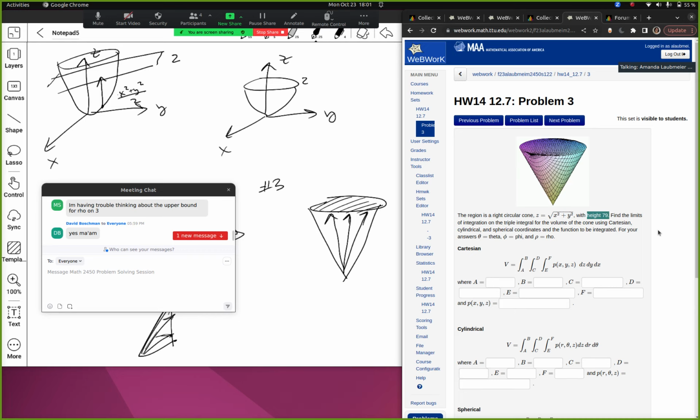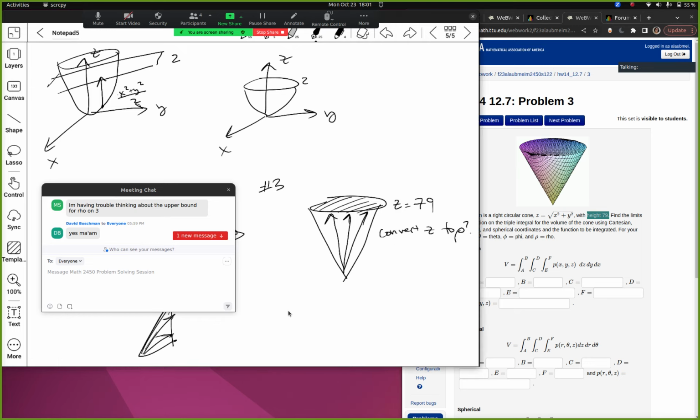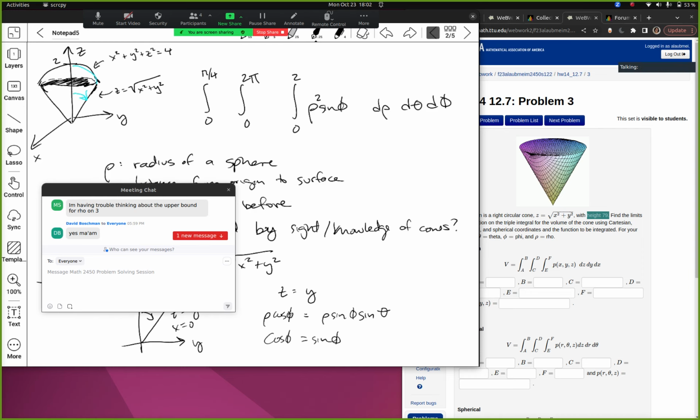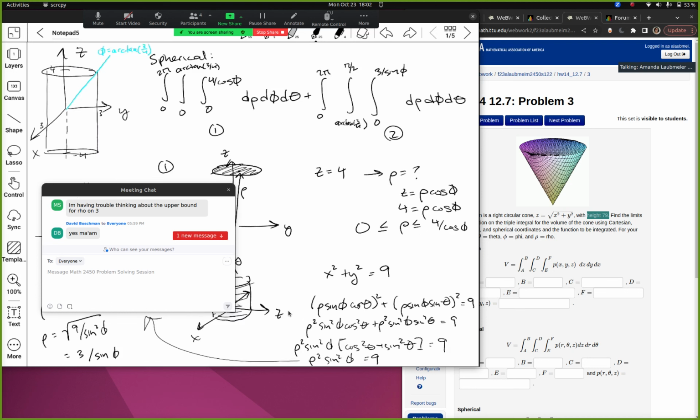So if I wanted to write a function for this surface, it would be z is 79, because z is height to us. And then I would convert z to be something about rho, using z equals rho sine or cosine phi, and set that equal to 79 the same way we did here.